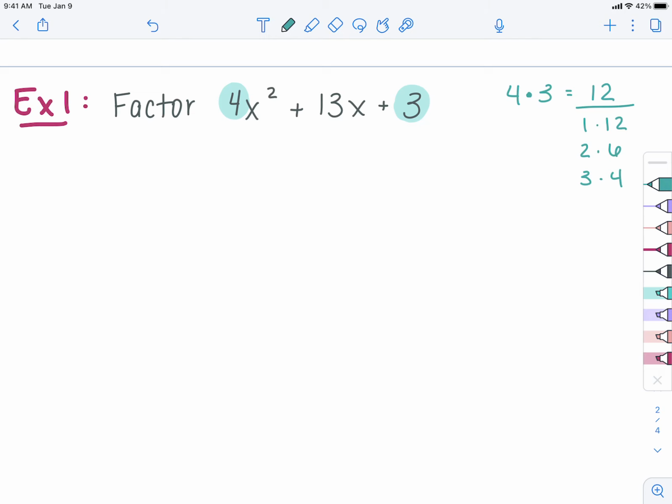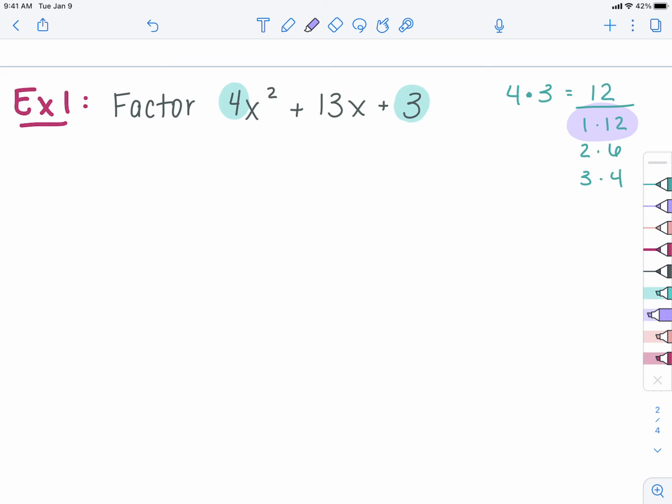Now I just need to do the same thing I was doing before. I look at my list of factors and I say, okay, since my coefficient in front of the x is 13, which one of my factors adds up to be 13? And I see that 1 plus 12 is going to give me 13.